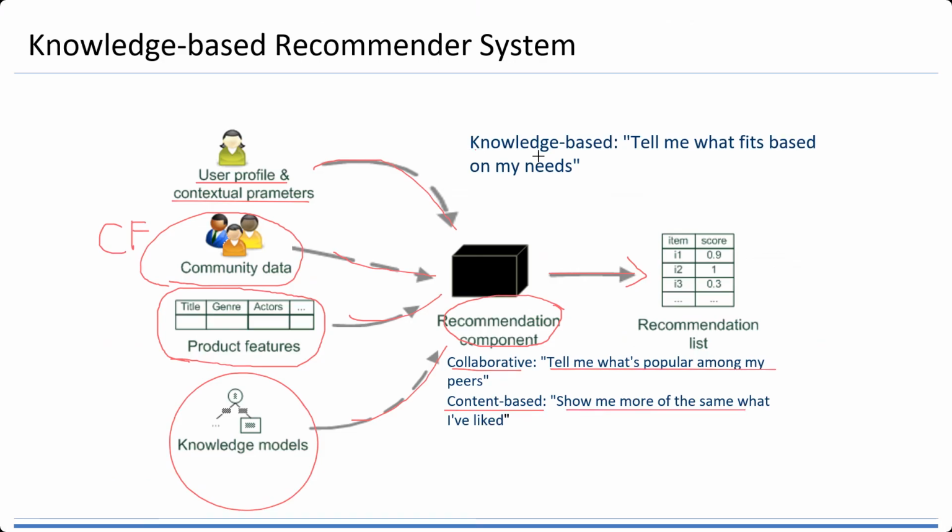And for the knowledge base, it's more about: tell me what fits based on my needs. So we want to look at the user needs. User needs mean what the user wants, what the user requires, until the user is satisfied.